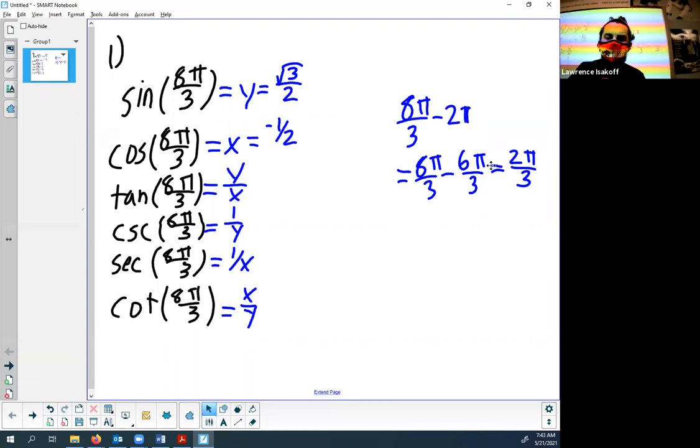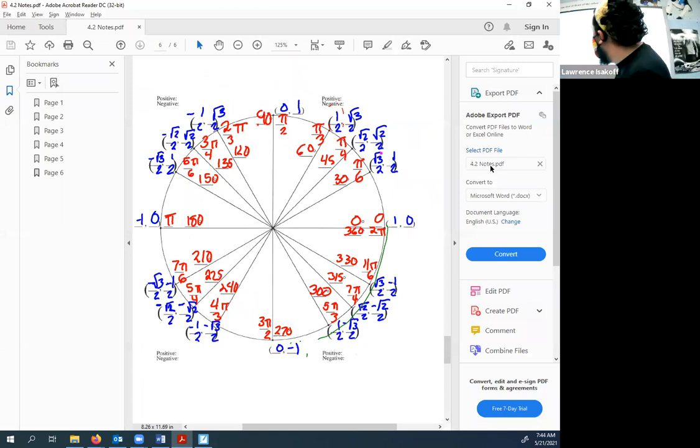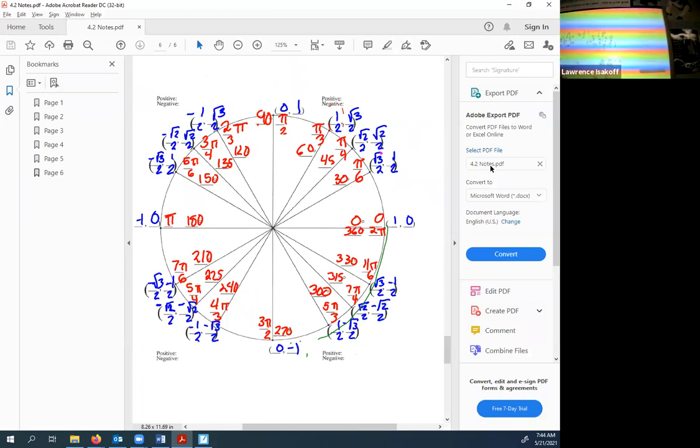Again, if you're like, whoa, where'd you get those values from? That's what I'm talking about, having this unit circle memorized. However, if you have not taken the time to memorize it, let's look at the unit circle. If I'm at 2 pi over 3, I see my x value is negative 1/2, and my y value is root 3 over 2.